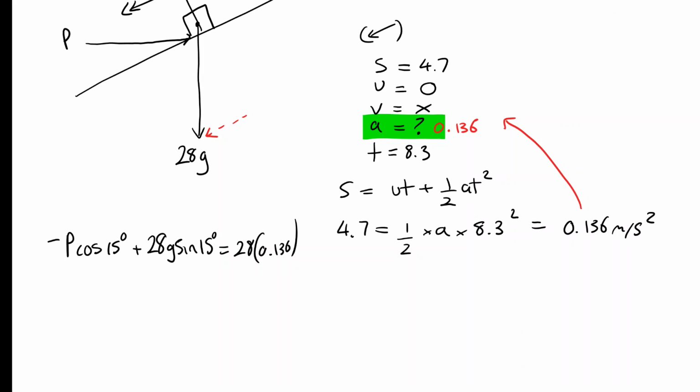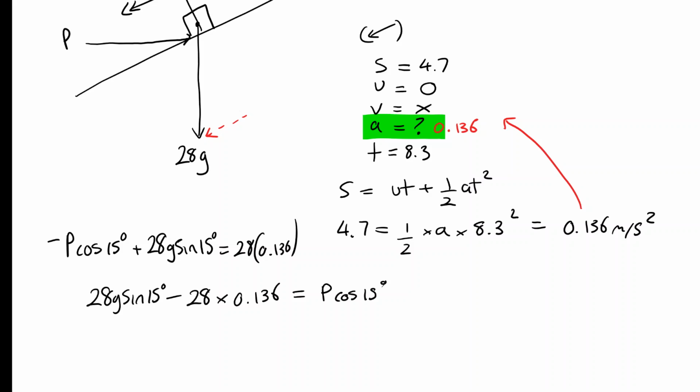We need to make P the subject of the equation. The 28g sine 15 degrees minus 28 times 0.136 is equal to P cos 15 degrees.